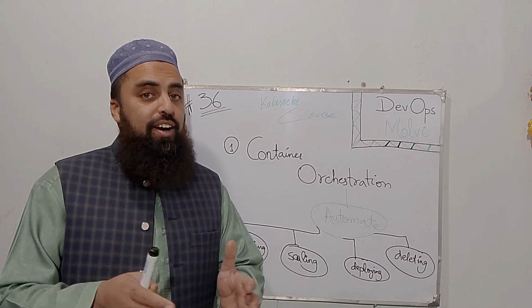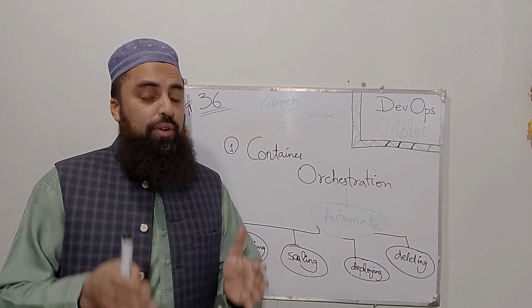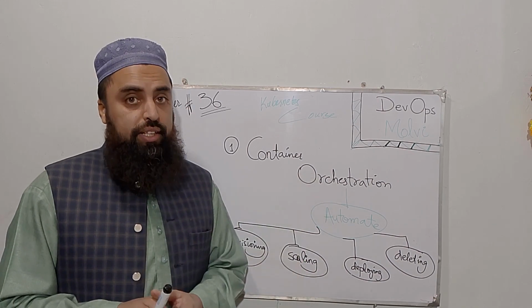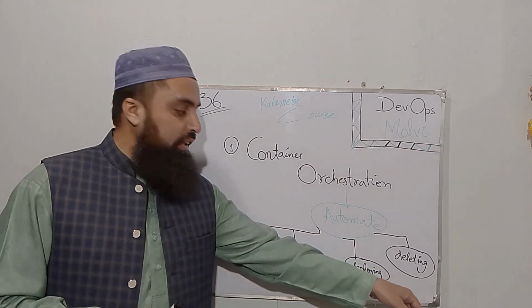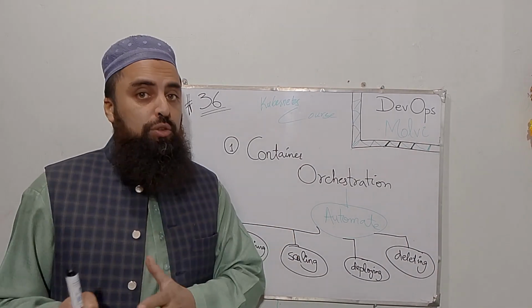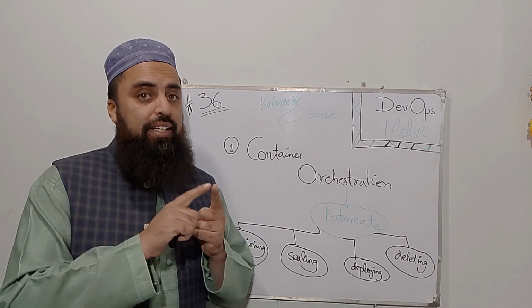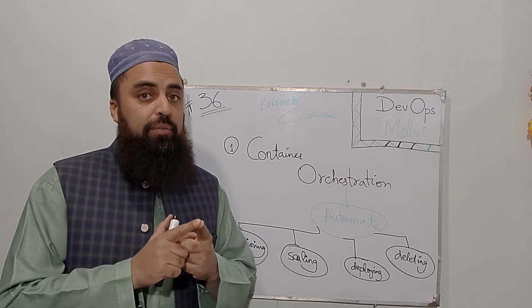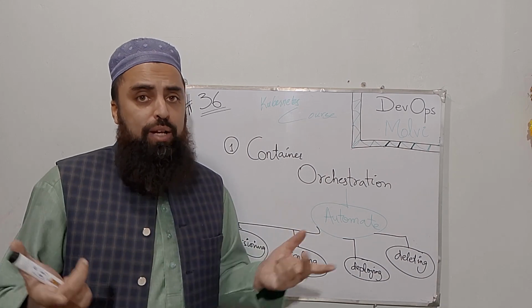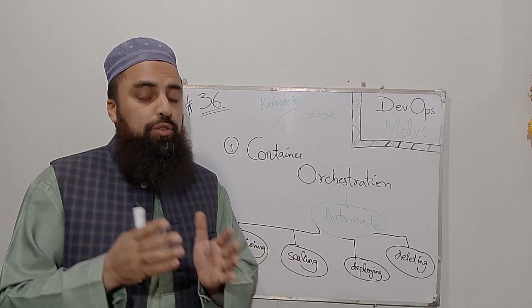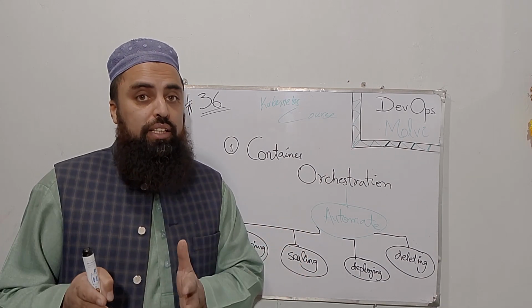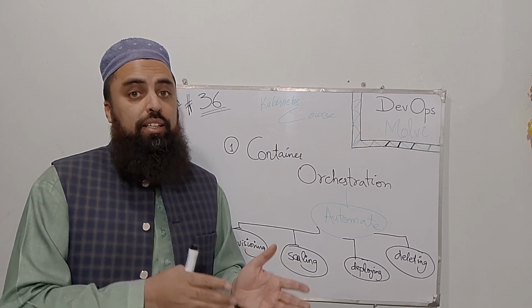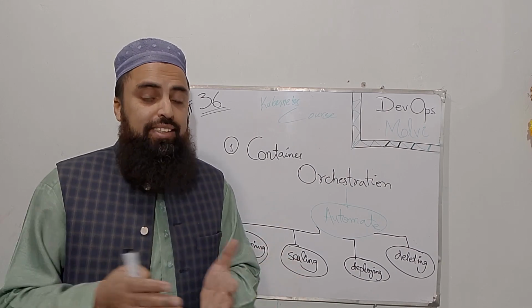Now, additionally, there are three more benefits or advantages of container orchestration. After all, when all these processes are automated, we can save a lot of time compared to deploying applications manually. The time that is required to deploy any application manually is reduced when we deploy the application automatically.